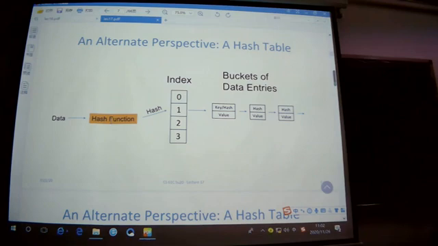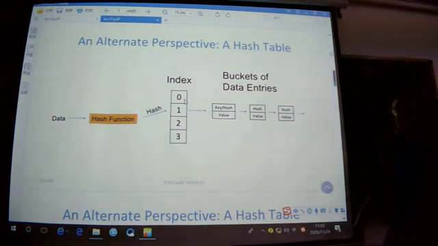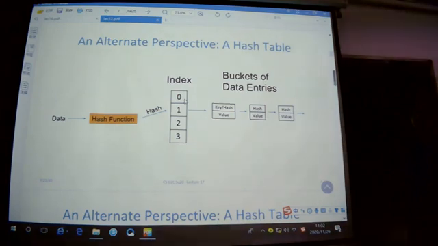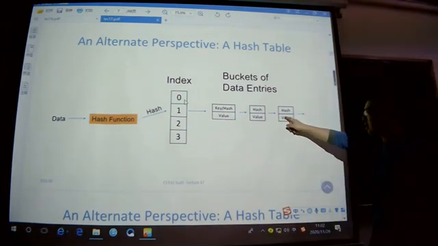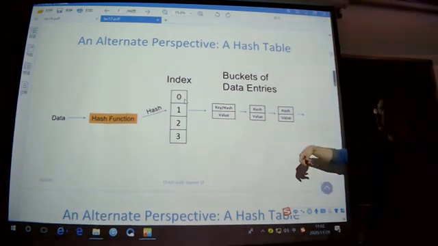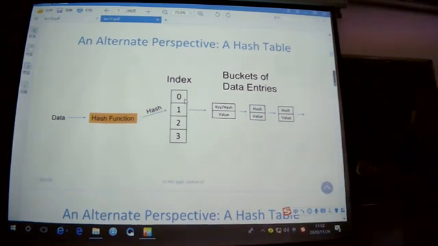So in the hash function, the hash can direct one index to some values, and these values are in one array. This is a one-dimension array. So you can find this is buckets of data entries. So you can find value, value, and value. This is the key, the keywords.